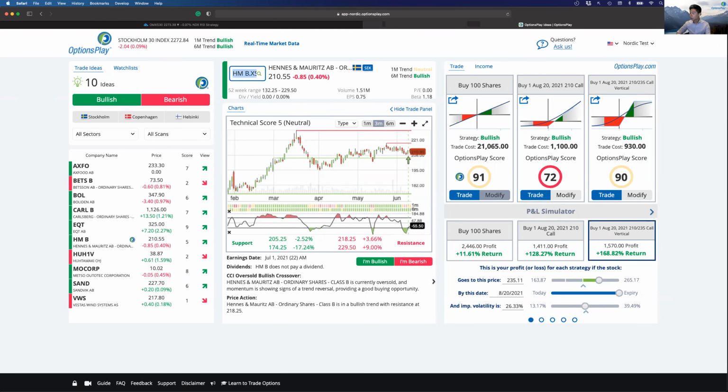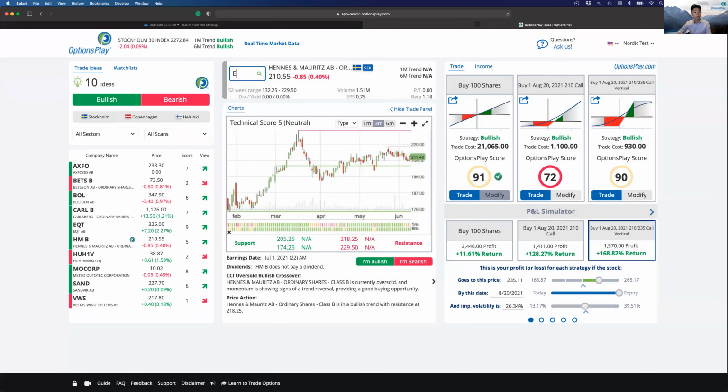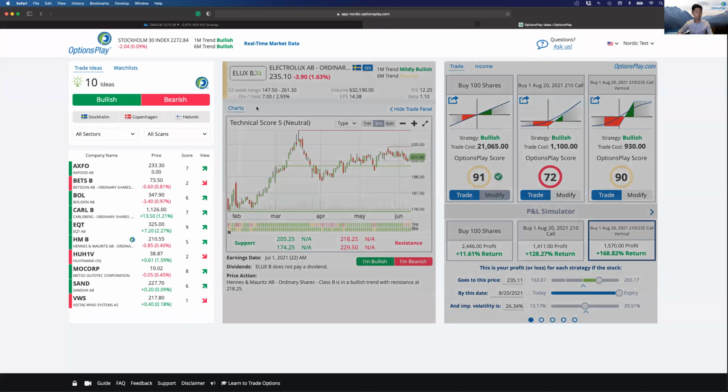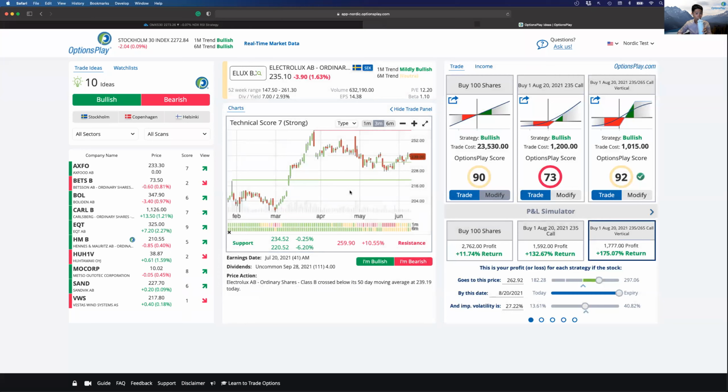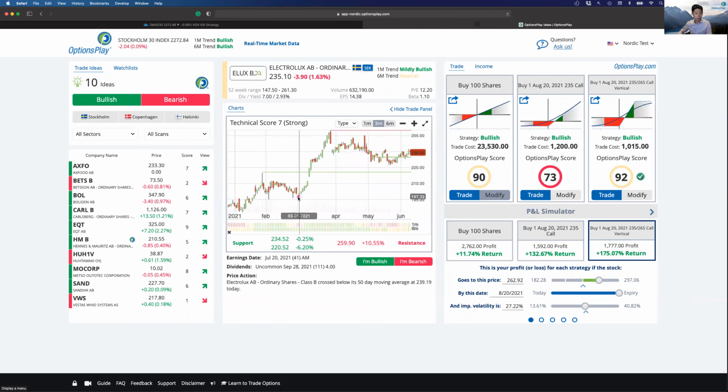So let's take a look at something like, let's look at Electrolux, for example. So let's take a look at consumer durables. Looking at Electrolux, this is a stock that recently had a very strong move to the upside, from about 194 to about 260 crowns.